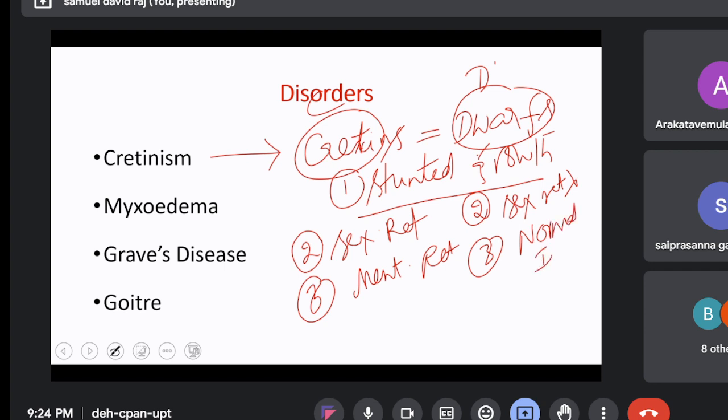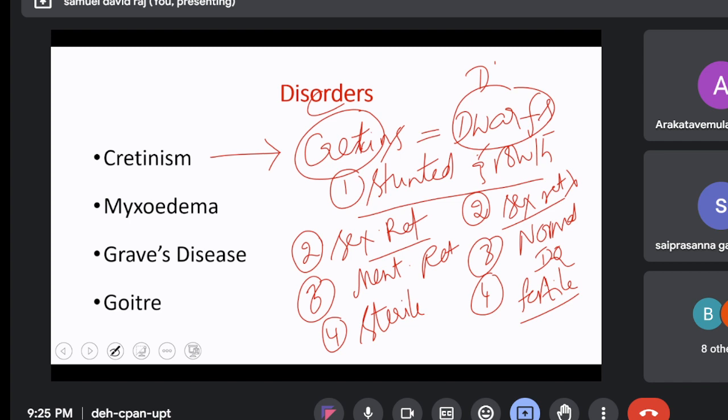They are not said to be mentally retarded. Because there is sexual retardation, cretins are sterile individuals. In dwarfs, though in some cases there is sexual retardation, in most cases they are found to be fertile. They can get married and they can even produce children. These are the differences between cretinism and dwarfism.